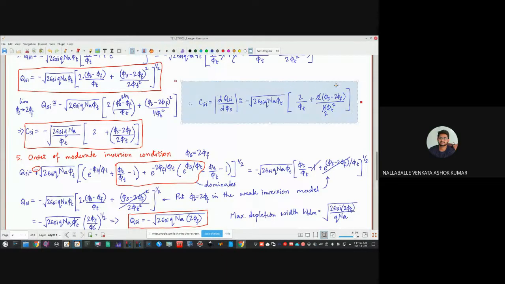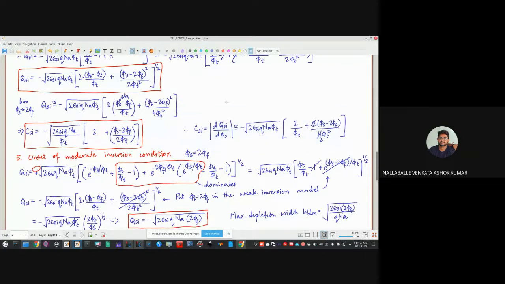Then we have to substitute phi s equal to 2 phi f on this side also, right, sir? In the second term, this becomes phi s minus 2 phi f, and then this becomes equal to 0 only, no? Yes, sir. Then you will not be getting the onset of inversion.